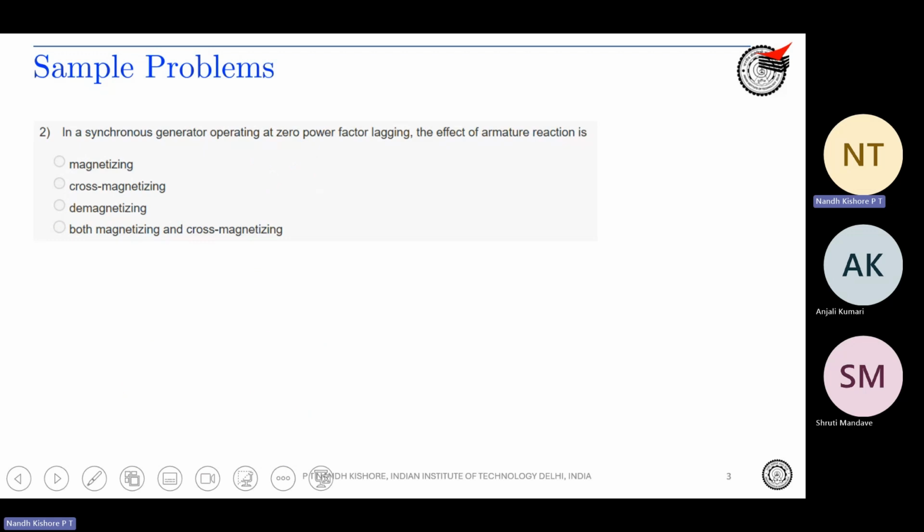In a synchronous generator operating at 0 power factor lagging, the effect of armature reaction is dash. Correct. They have told that it is 0 power factor lagging, that is phi is basically 90 degree.